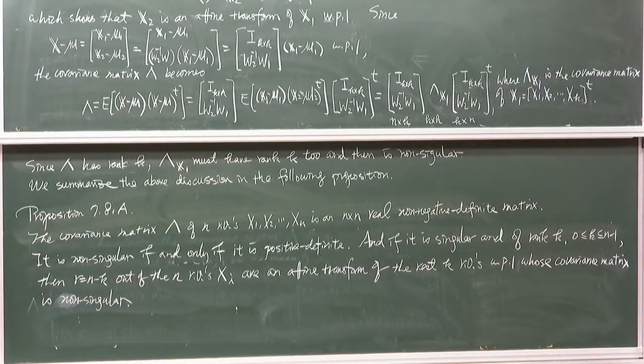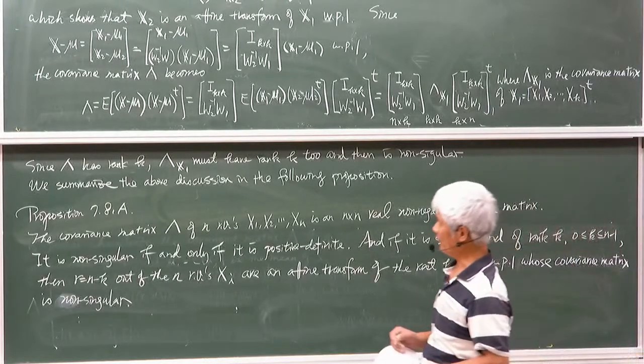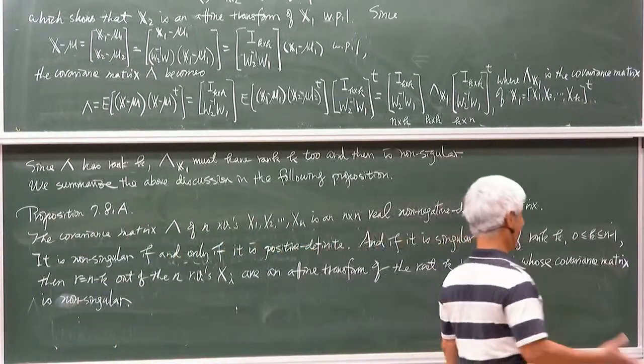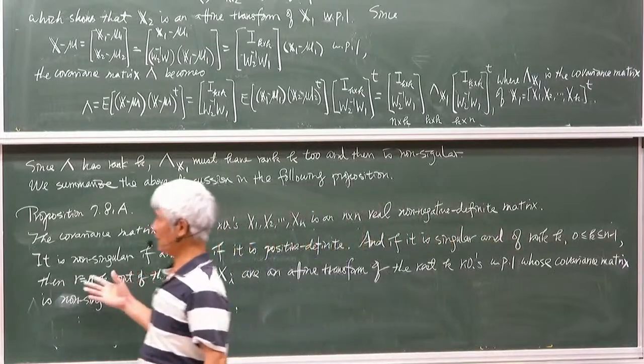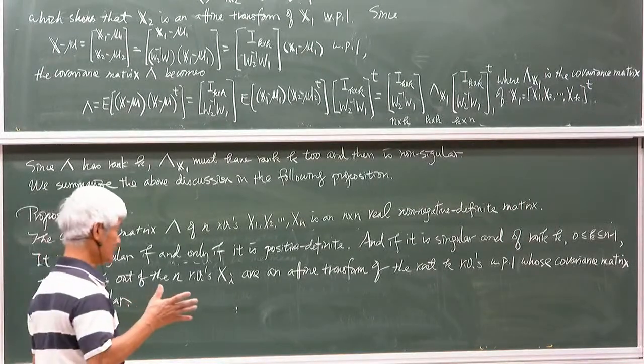So this proposition is a very strong proposition. It says that the covariance matrix tells us a lot of information, especially when the covariance matrix is singular, meaning it is not full rank. If the rank k is less than n, then n minus k variables among the n variables are affine related to the rest k random variables. That means these r random variables can be obtained by a linear combination of the rest k random variables plus a constant, so they are linearly related with probability 1.